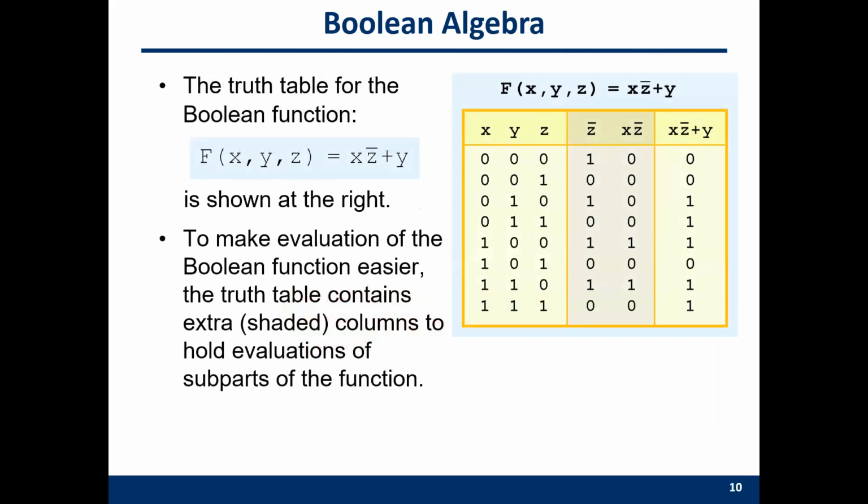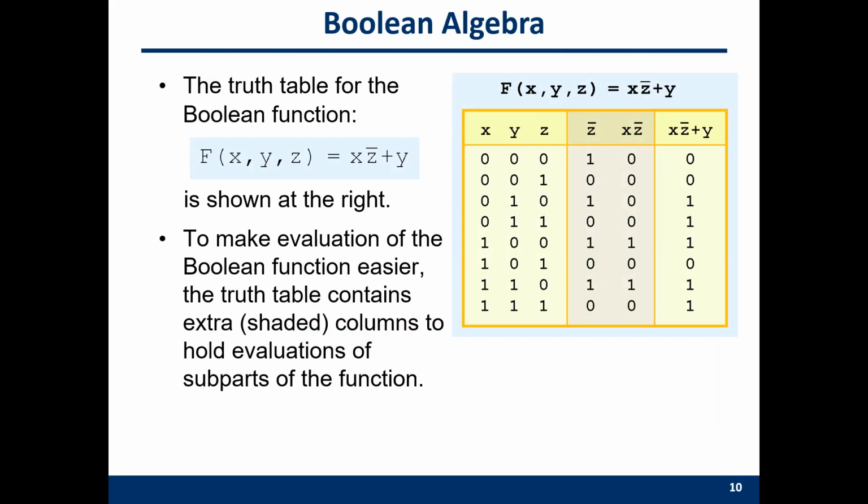Then sometimes we have a more complex Boolean expression like this one. For this expression, we have 3 variables, x, y, and z. If we want to analyze this expression, we can write a truth table like this.